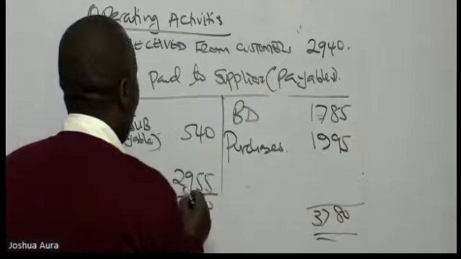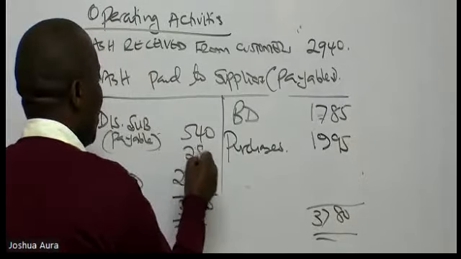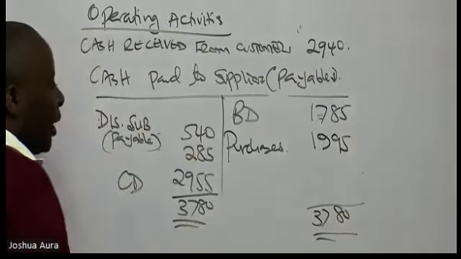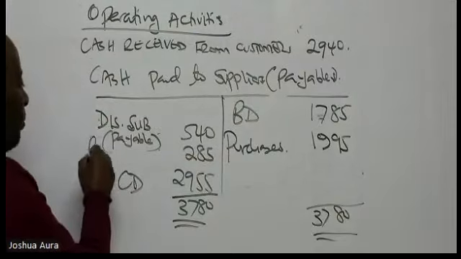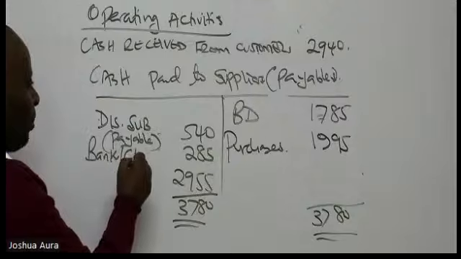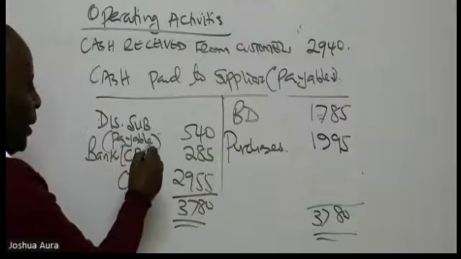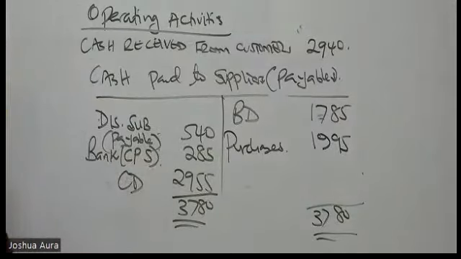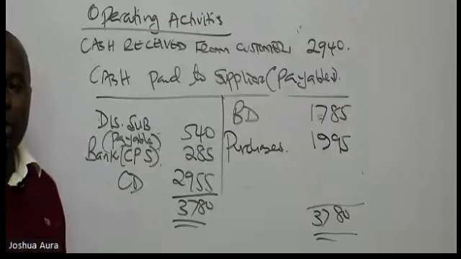So the balancing figure I'm being told by Eric Odinga is 285. So of course, this is the bank, as cash paid to suppliers. Cash paid to suppliers is 285.